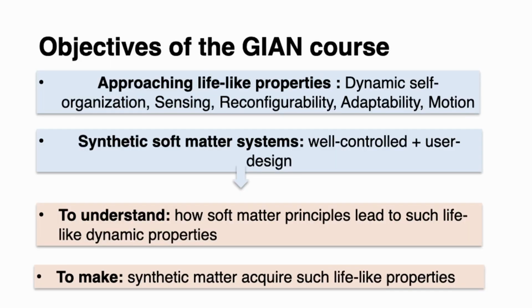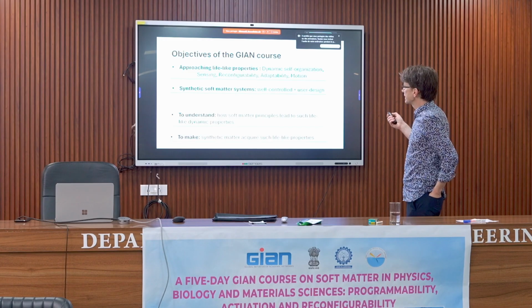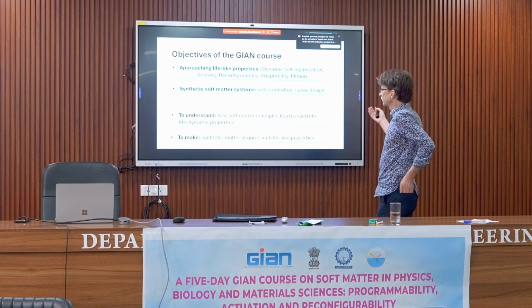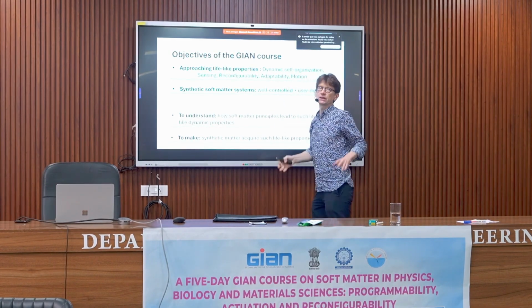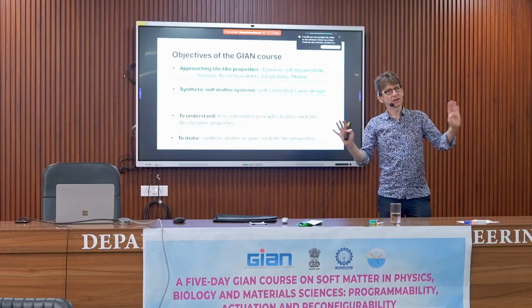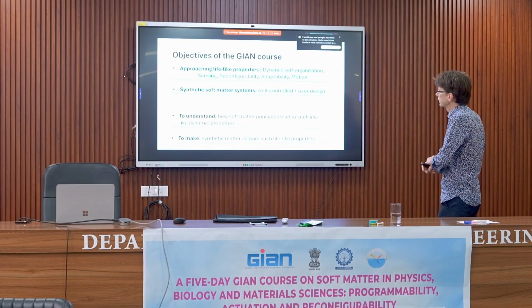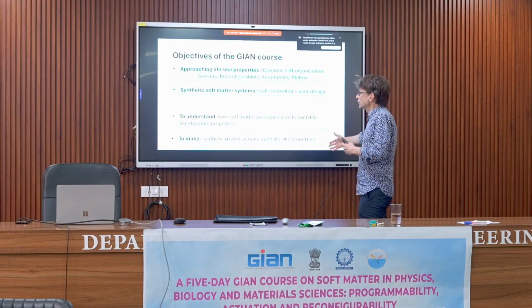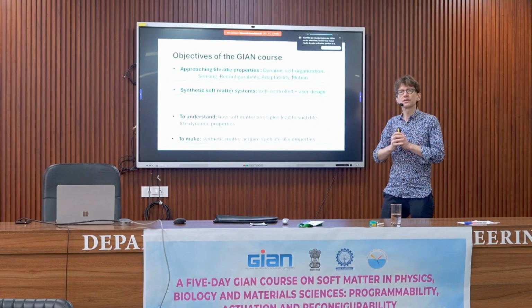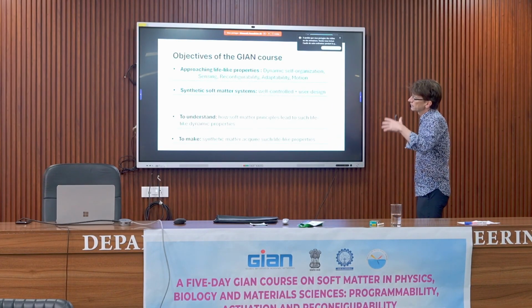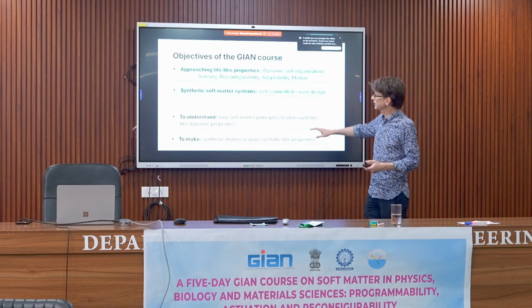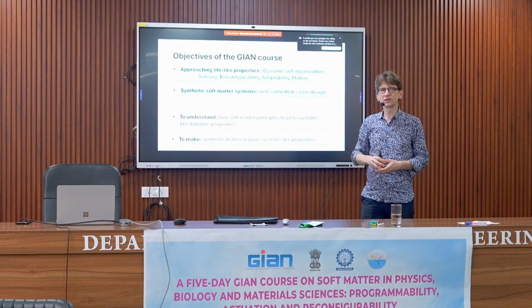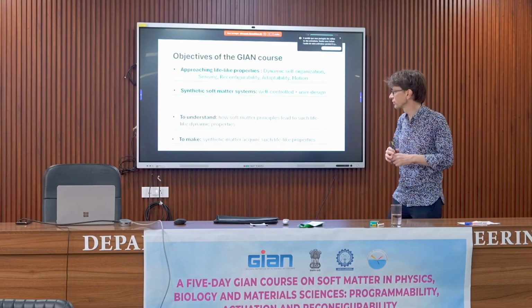And we have all these properties. We want to approach these kinds of dynamic properties using always synthetic systems because we can control them. And this is a way we can understand how we can make things. There are these two-sided objectives: to get this knowledge so we can understand better, and to have synthetic systems because we can control them.